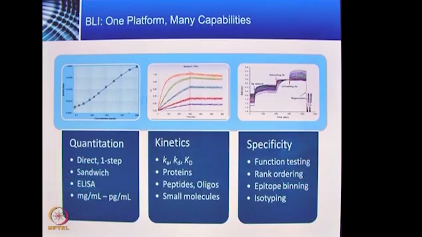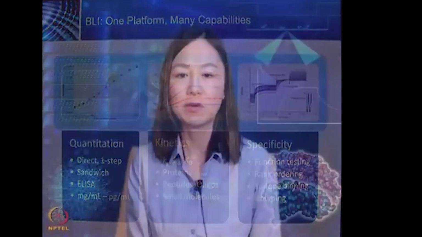And as another application, the BLI technology can work with different research purposes. We can use the technology to perform quantitation of the biomolecules. This can be achieved by immobilizing a specific antibody or molecule onto the biosensor and using it to analyze the concentration of other molecules.